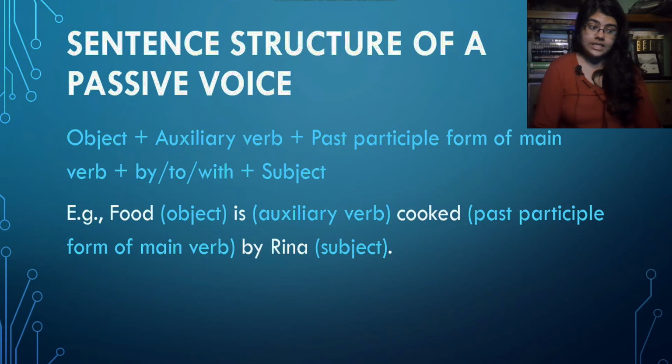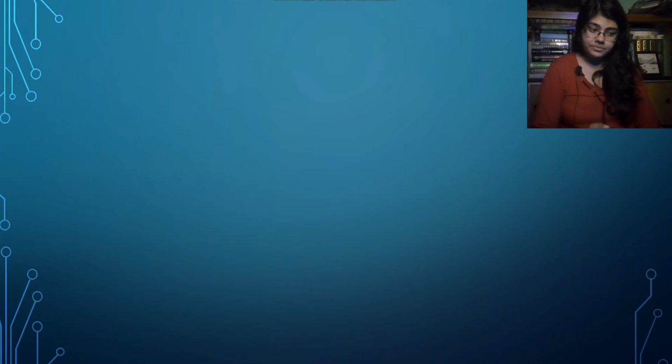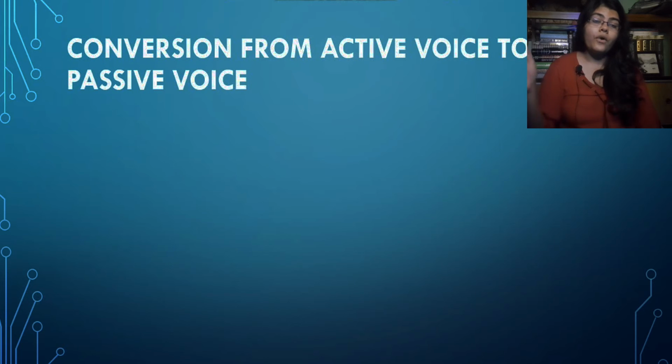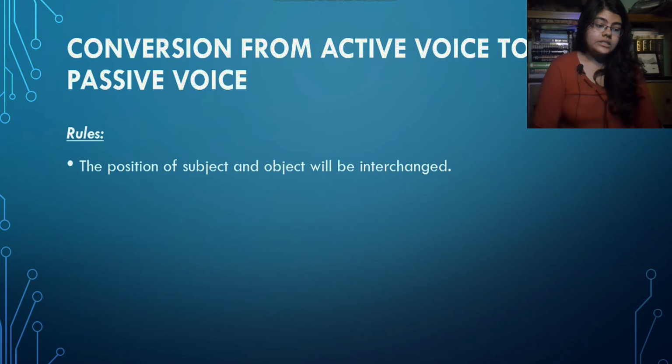Now we will see the conversion from active voice to passive voice. We will see the proper way of voice change. How can we change an active voice to a passive voice? Rules. First one. The position of subject and object will be interchanged.